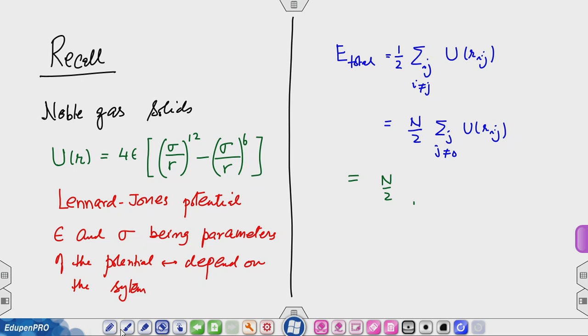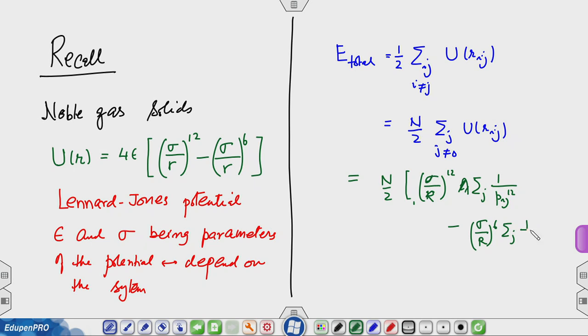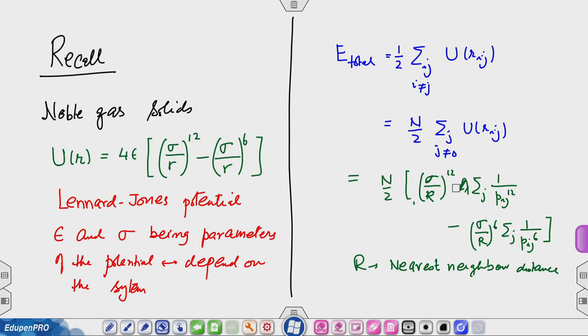this is different for this. So, let me just write this. This was written as sigma over r, let me write capital R, raised to 12 times summation j 1 over p i j raised to 12 minus sigma over r raised to 6 summation over j 1 over p i j raised to 6, where r is the nearest neighbor distance, and these sums, which I called B12 and A6, are calculated using a computer.